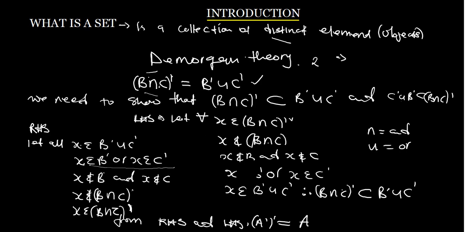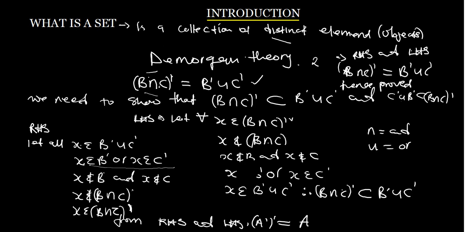From the left hand side and the right hand side, we can now say that B intersection C complement is equal to B complement union C complement. So hence proved, like that. So you write hence proved. I've just run out of space, I would have done it for you.